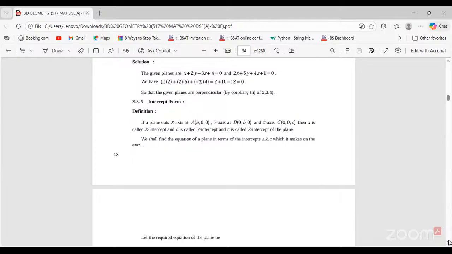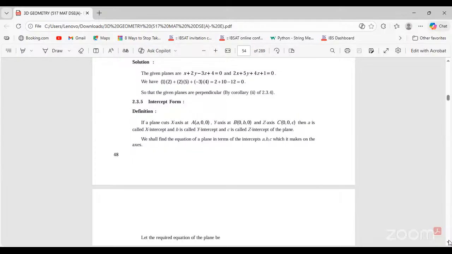Here, l, m, n are direction cosines of the plane. l equals plus or minus a by root of summation a square, m equals plus or minus b by root of summation a square, and n equals plus or minus c by under root of summation a square, where p equals minus d by root of summation a square. This is the normal form of the equation of a plane. And if l, m, n are direction cosines, they satisfy the condition l square plus m square plus n square equals 1.